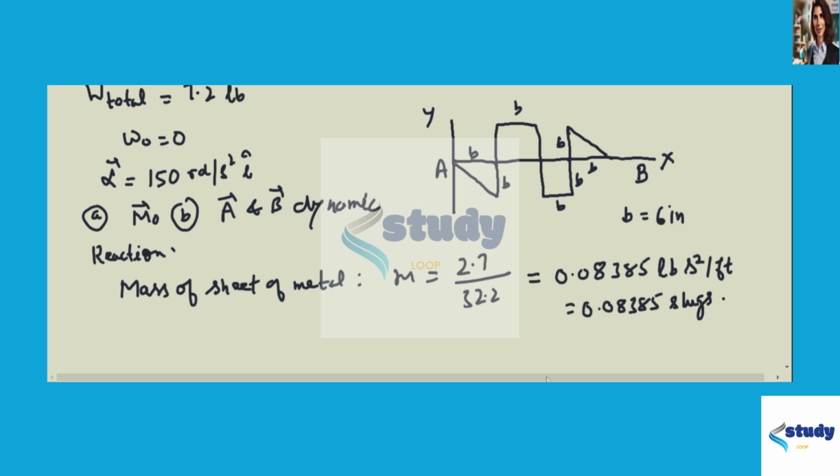Now the sheet metal having the dimension b is equal to 6 inch, that is 0.5 feet.